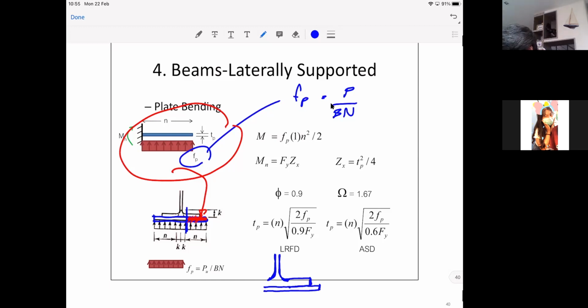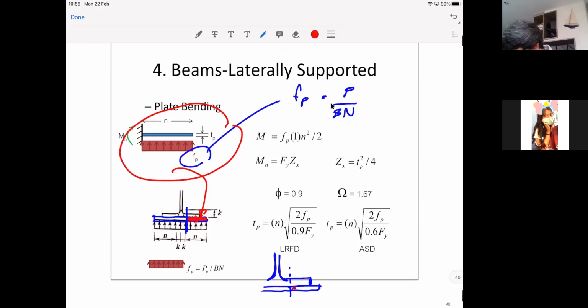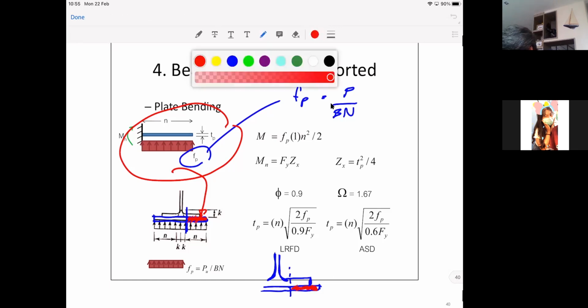But the critical section, where you can consider that this becomes a fixed support like this, is the distance equal to K away from the center of the web. That is K, and this K is equal to the K that we talked about before in local web yielding.